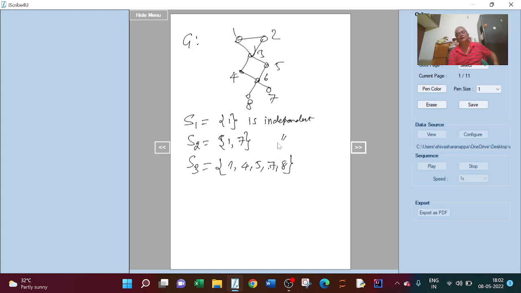So no two vertices in S3 are adjacent. Therefore this is also independent. Now if I consider S4, 1, 3, 7, 8. Is this independent? No. Because see here, 1 and 3 are adjacent. These two vertices are adjacent. Therefore, S4 is not independent. Okay.